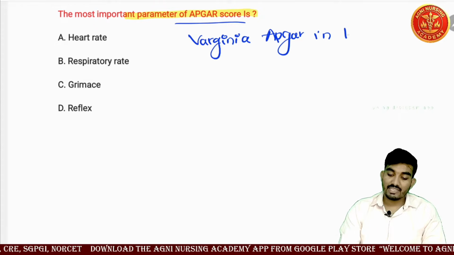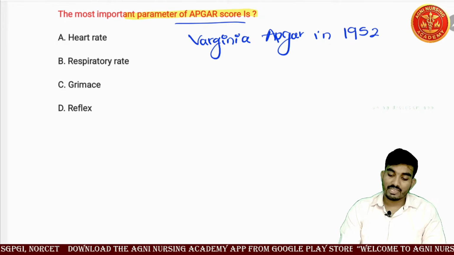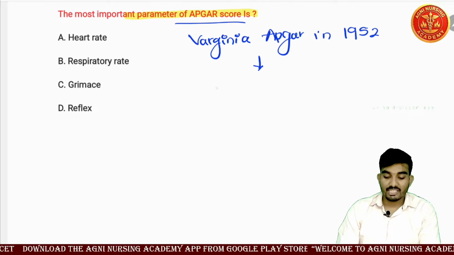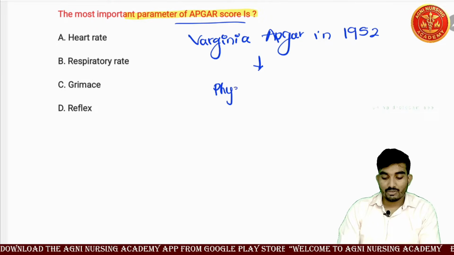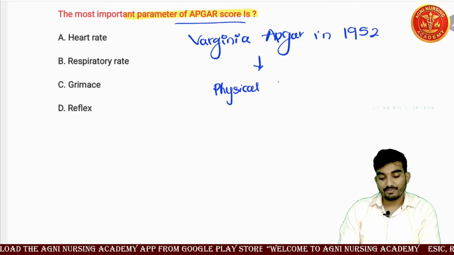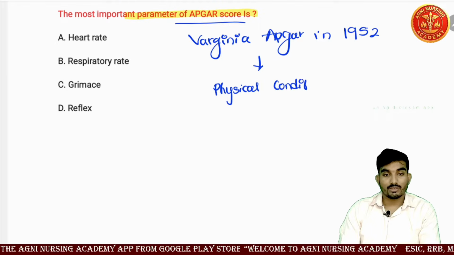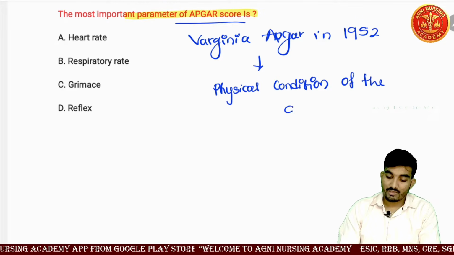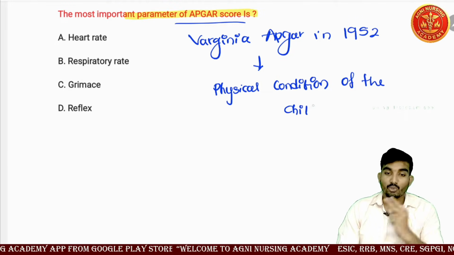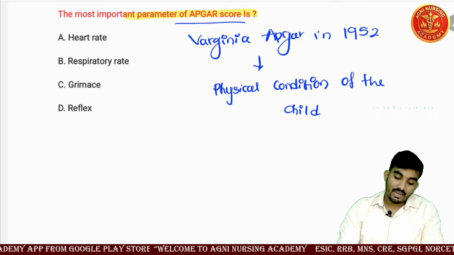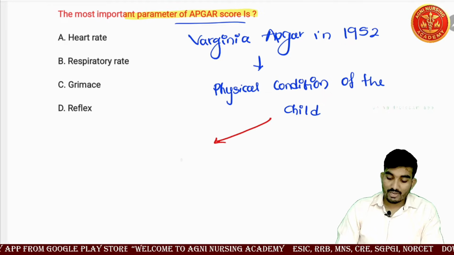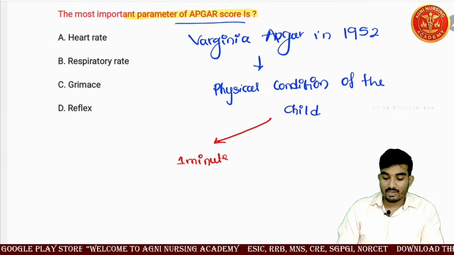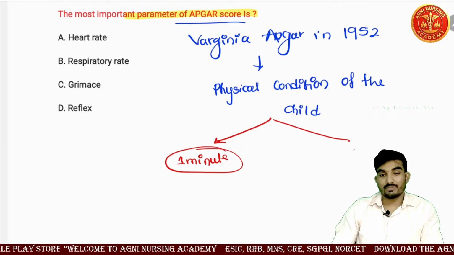in 1952. The Apgar score assesses the physical condition of the child, and we do the Apgar score two times, one at the first minute and the second one at 5 minutes.